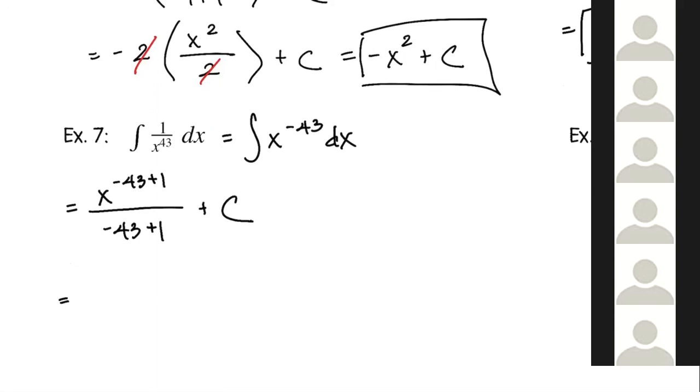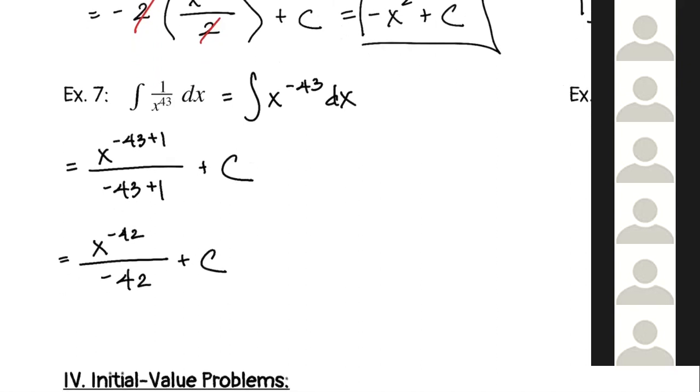And if we add very carefully, we'll get x to the negative 42 over negative 42 plus c. Okay. And let's talk about some ways that we might rewrite this particular integral.